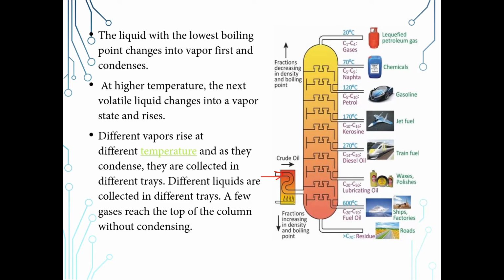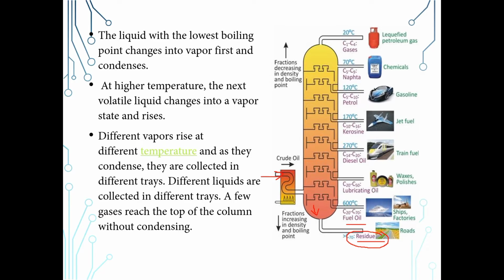At a different temperature, different gases; at a higher temperature, the less volatile liquids change into vapor. At this temperature you will get fuel oil. At these temperatures you will get residues, meaning all the waste material, like when we burn firewood we get coal.